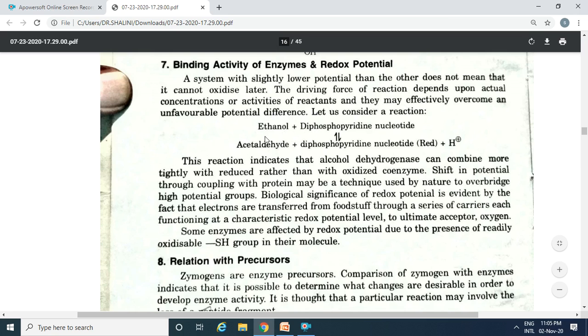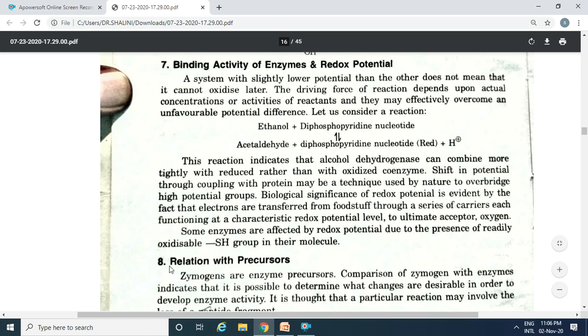For example, this is the reaction of ethanol and diphosphopyridine nucleotide, and it gets in equilibrium with the product acetaldehyde and diphosphopyridine nucleotide plus H ion. In this reaction, alcohol dehydrogenase can combine more tightly with the reduced rather than the oxidized coenzyme. So, a shift in potential through coupling with protein may be a technique used by nature to overcome high potential groups.